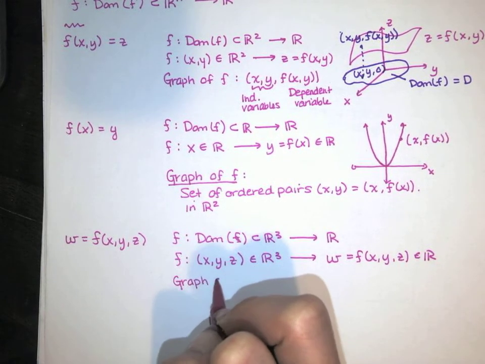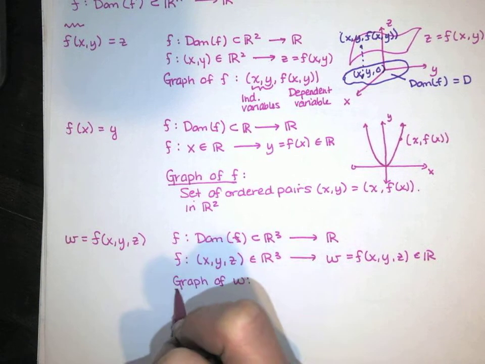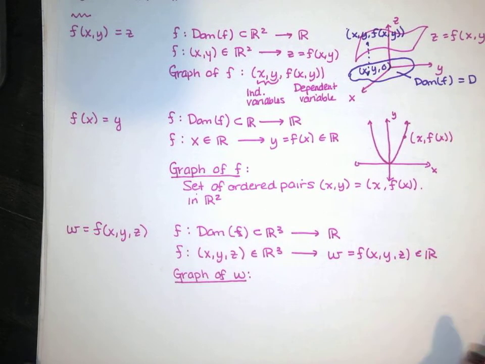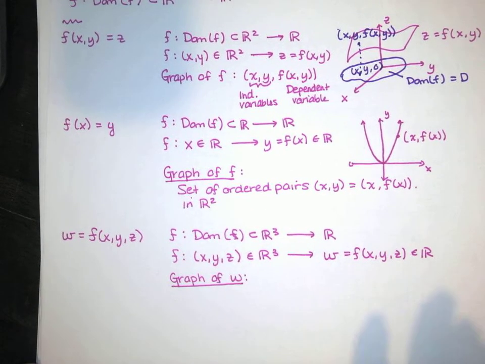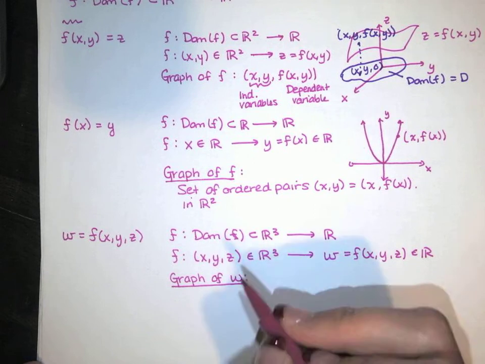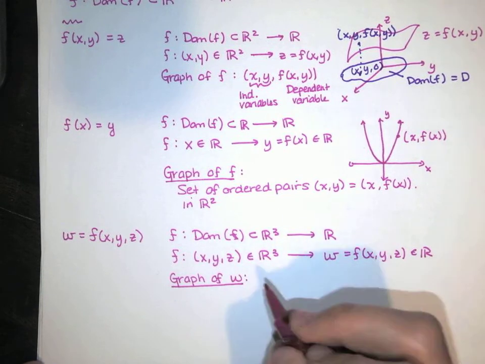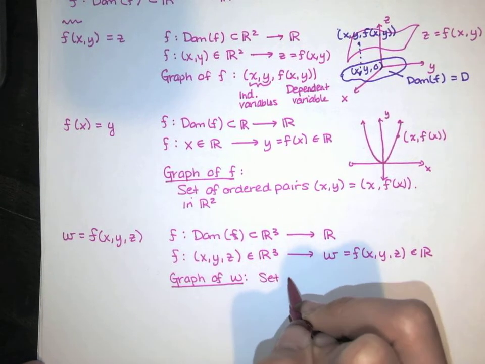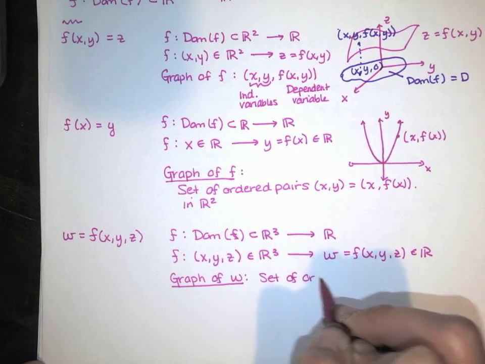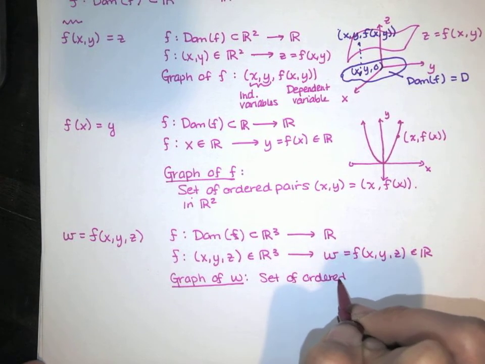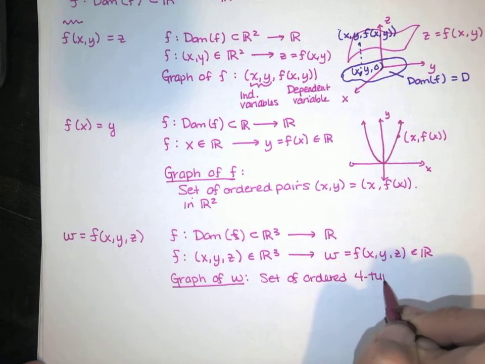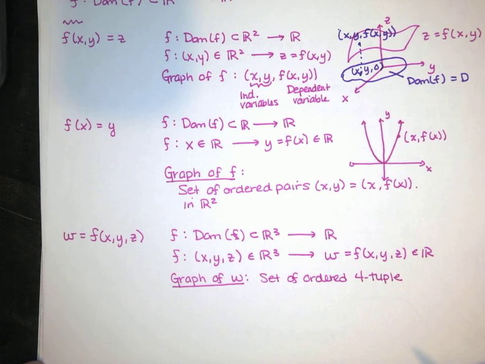So the graph of w actually consists of a set of ordered, I guess, 4-tuples? Is that how you say it? You've got 4 variables now. I'm just going to call them a 4-tuple for lack of a better word.